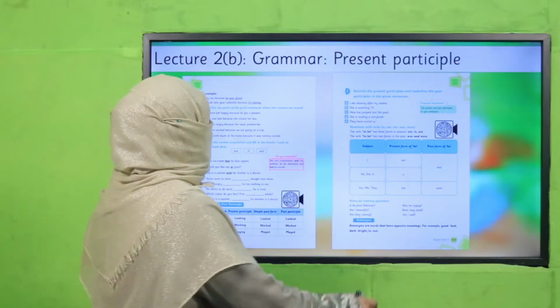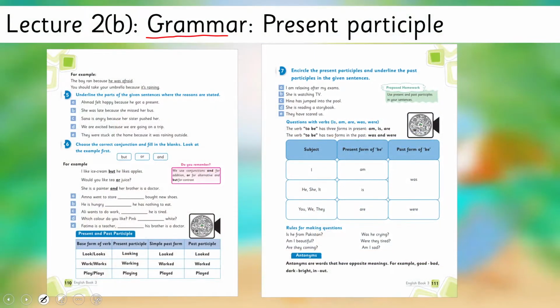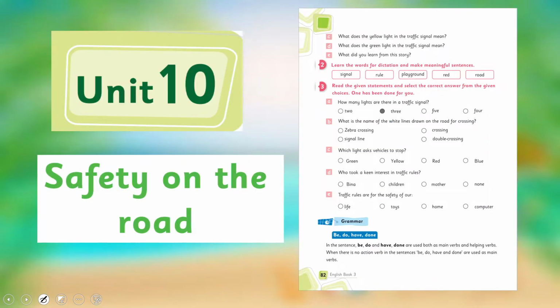And my dear students, today under the title of grammar, we are going to learn about present participle. Before this, in your unit 10, I have taught you about be, do, have, done as main verbs. I hope you remember.